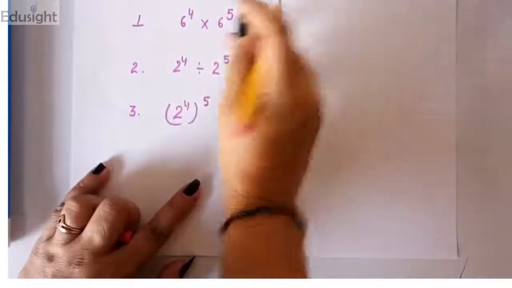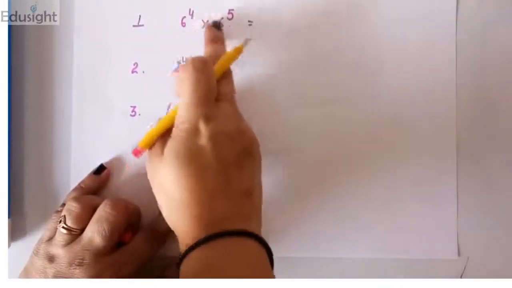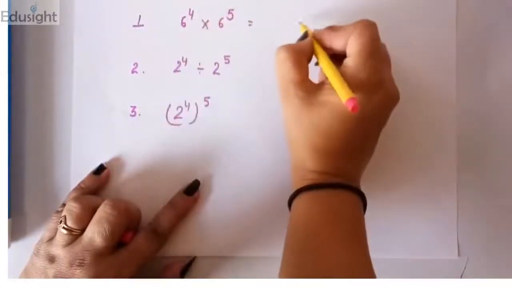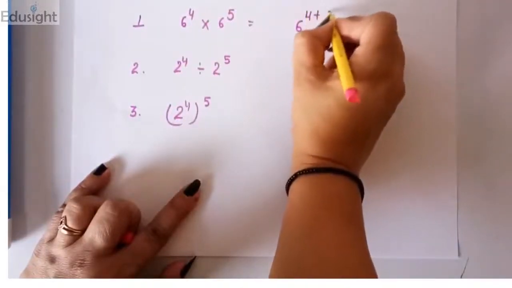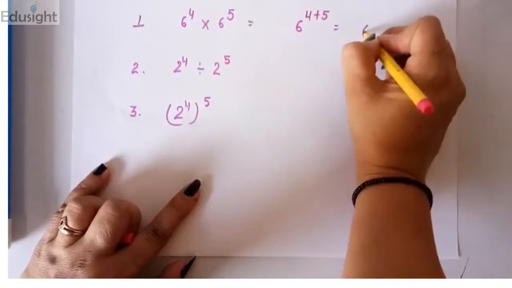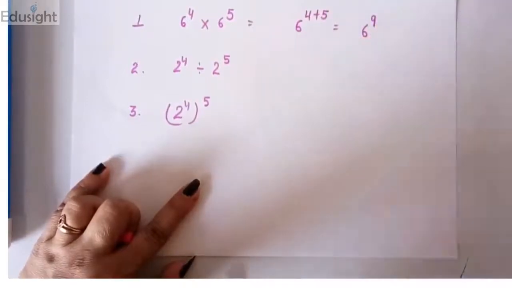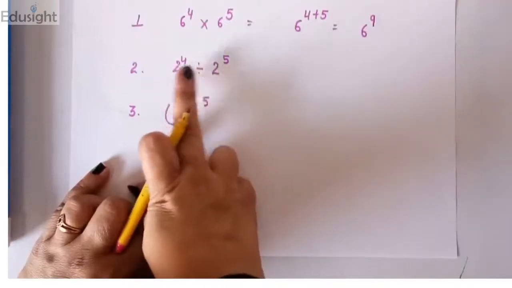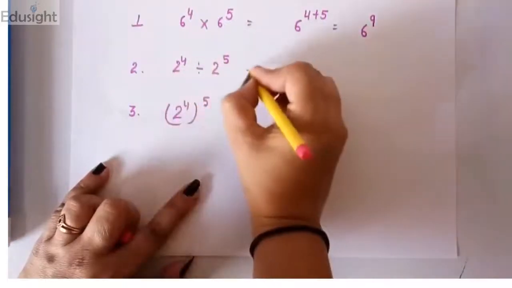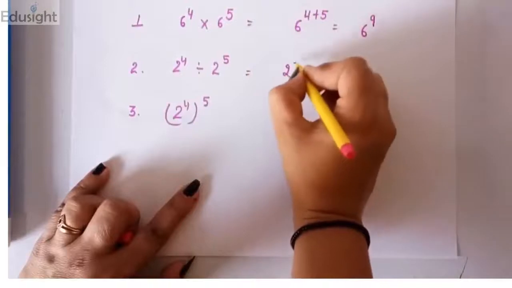So here the base is the same and the sign is multiplication, so we write the base and add the powers. That means 6 raised to power 9. Now here the sign is division, and bases are the same. That means we have to subtract the powers.